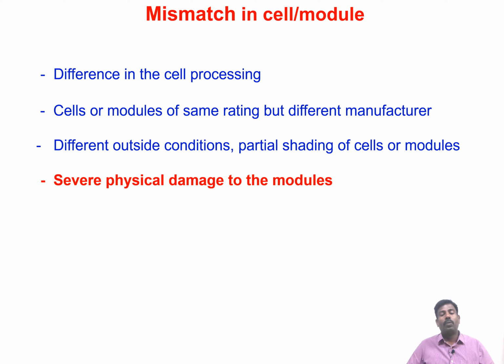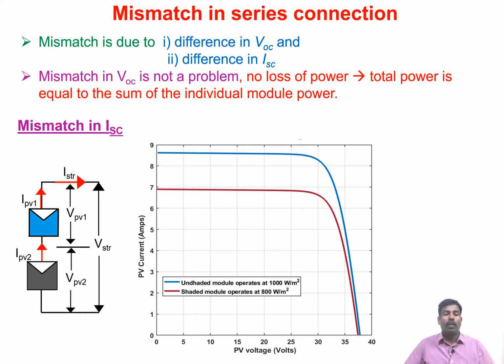So we will see how the IV characteristics look when two modules with dissimilar characteristics are connected in series. These are the two curves we have drawn. You can see that one is at 1000 watt per meter squared and another one is at 800 watt per meter squared.